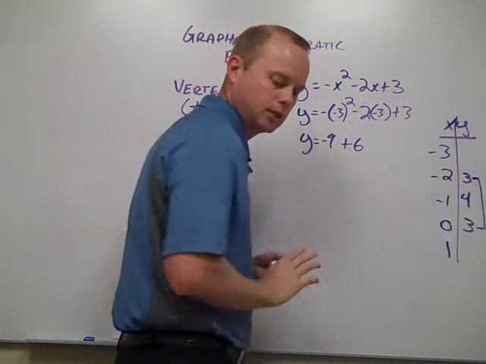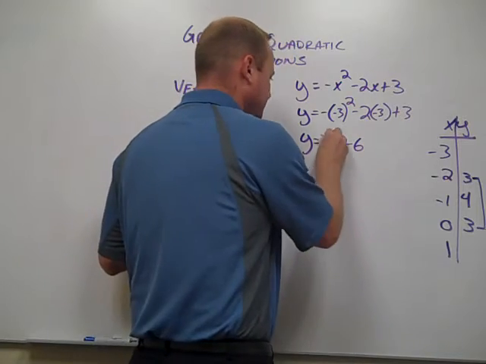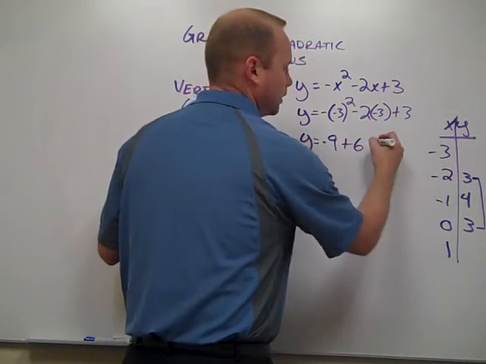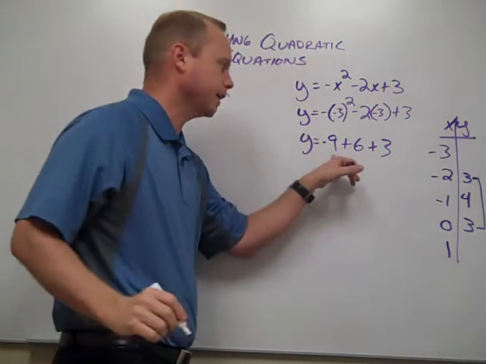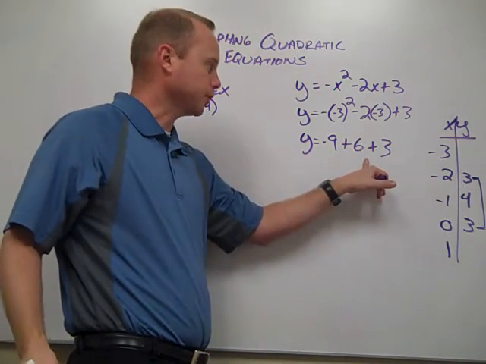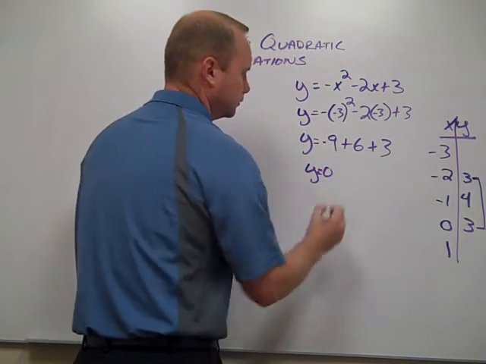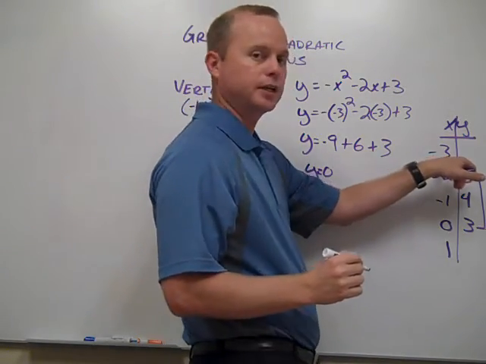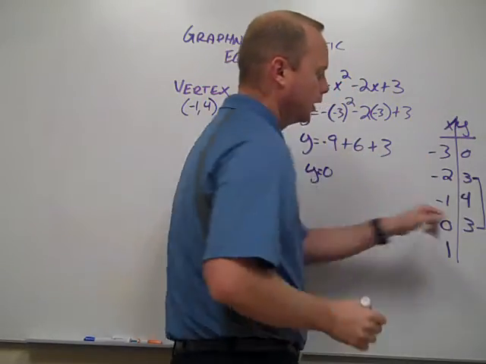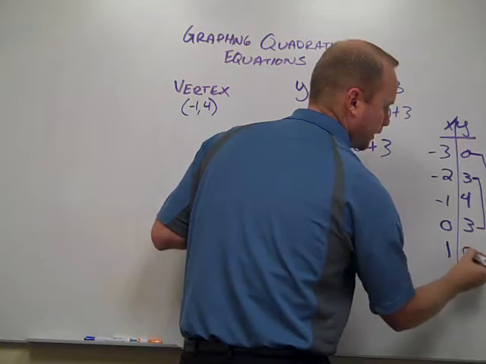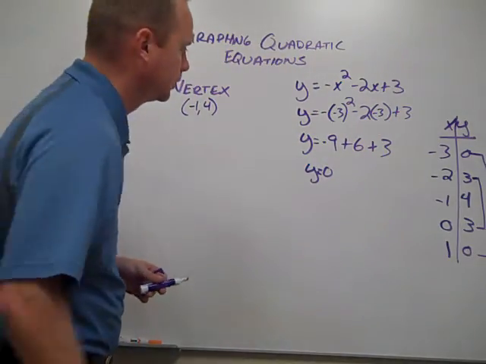Plus 6 plus 3. Okay, so negative 9 plus 6 gives me negative 3, plus 3 gives me 0. Y equals 0. Well, if x equals negative 3, y equals 0. And we know by this little trick here that my zeros will actually line up as well. So that one is 0.